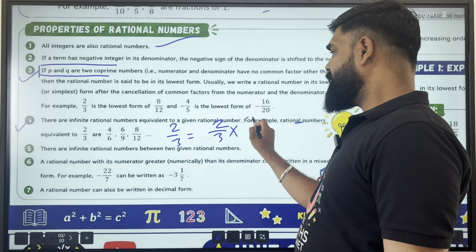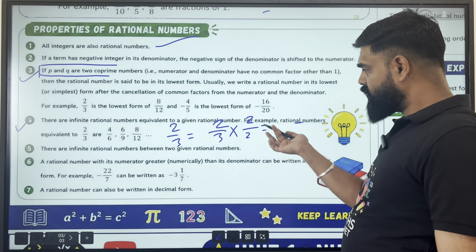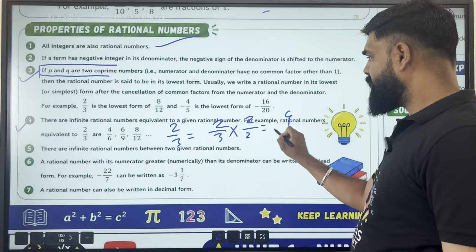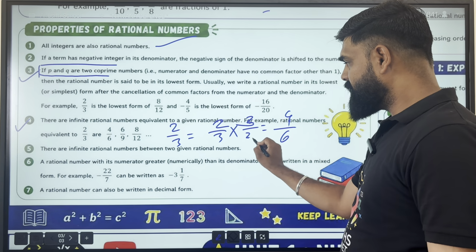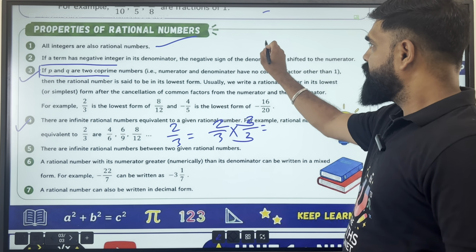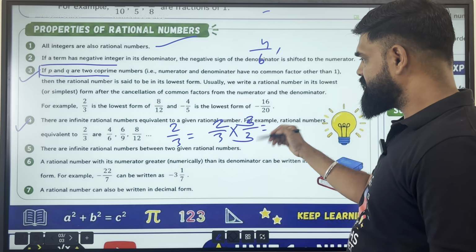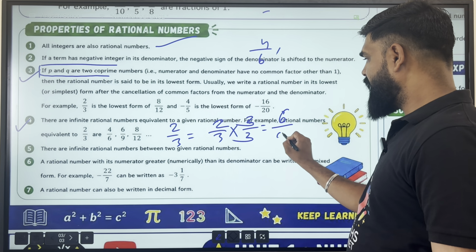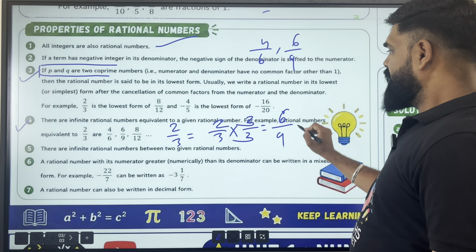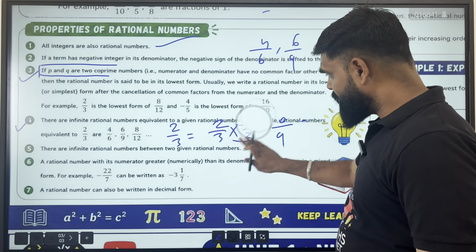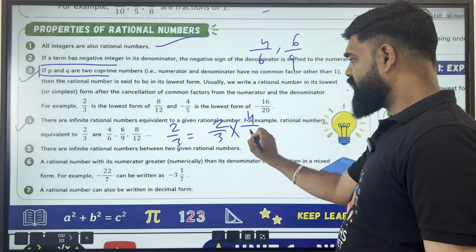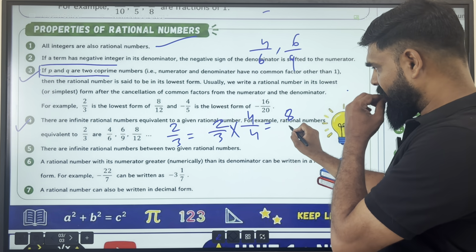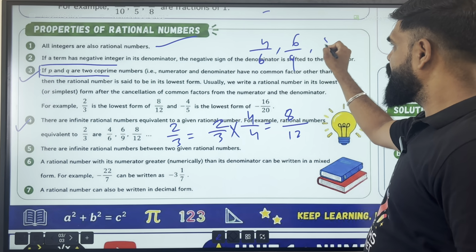When we multiply 2 by 3 by 2 by 2, we will have 4 by 6. When we multiply it with 3 by 3, we get 6 by 9. When we multiply by 4 by 4, we will have 8 by 12.